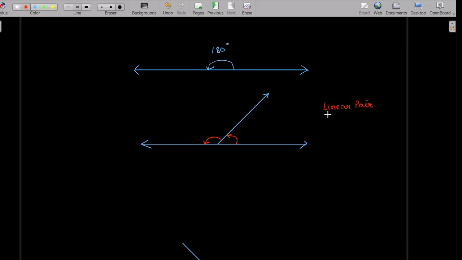They are called a linear pair because linear means that they are on a line, and pair because there are two angles. If this one is x and this one is y, then what will be the measure of angle x plus the measure of angle y?